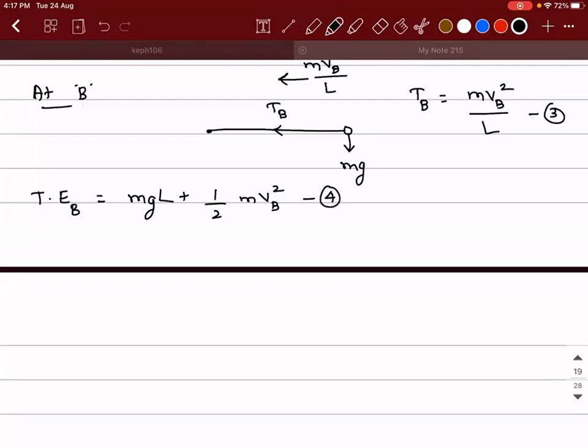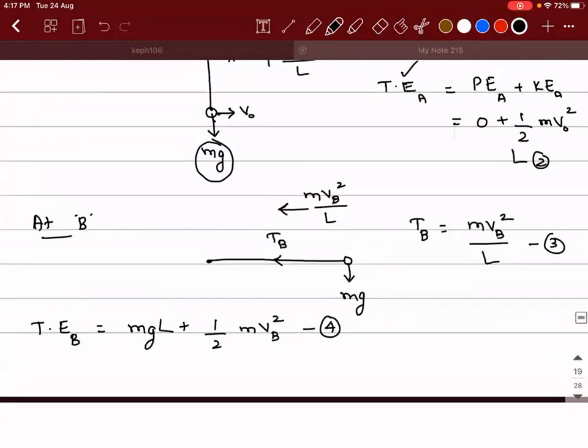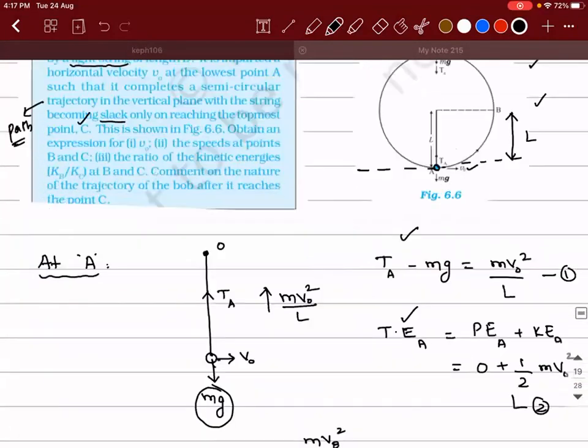So this is going to be the fourth equation. I hope you guys are making a note along with me.